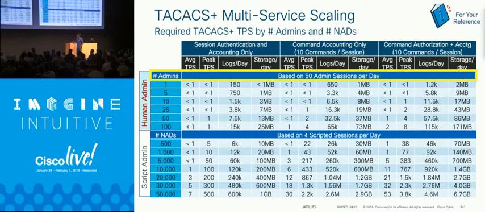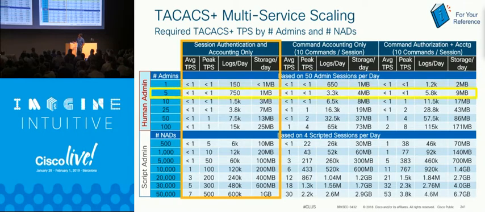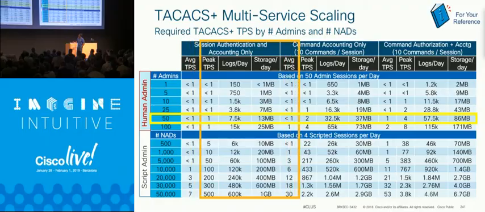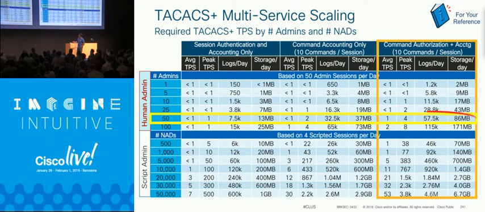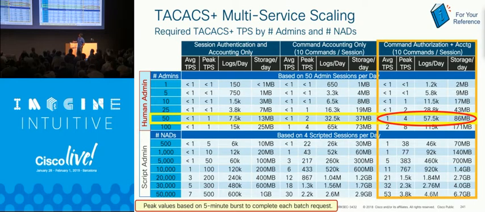This is a good reference slide. For example, over here, this is called human admin, and look at the TPS numbers. They're pretty low, less than 1. But as we start going towards machine, the numbers start getting high. The logs and everything go pretty high with machine admin, right?